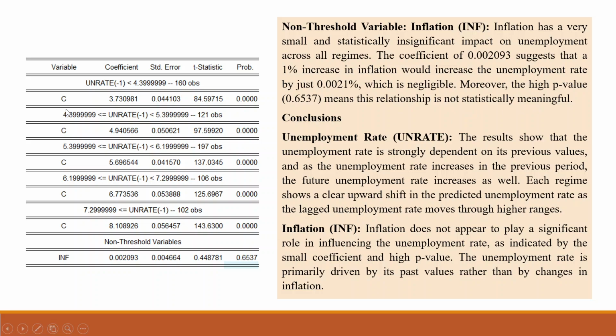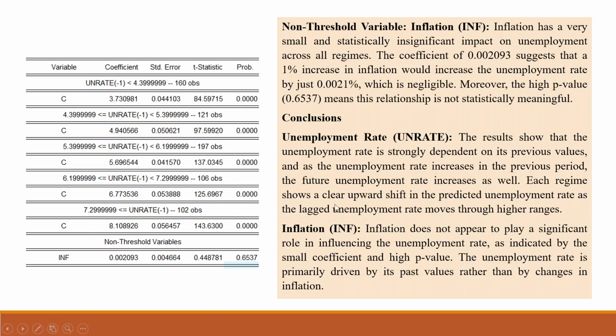Now see the constant in all regimes: significant, significant, significant, significant, and significant. The result shows that the unemployment rate is strongly dependent on its previous values. And as the unemployment rate increases in the previous period, the future unemployment rate increases as well.